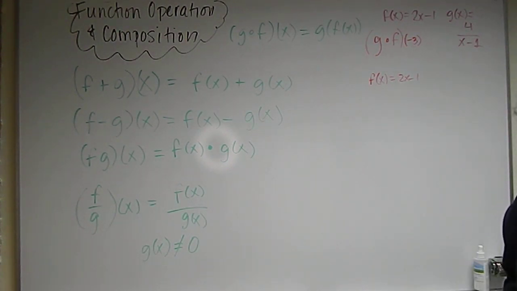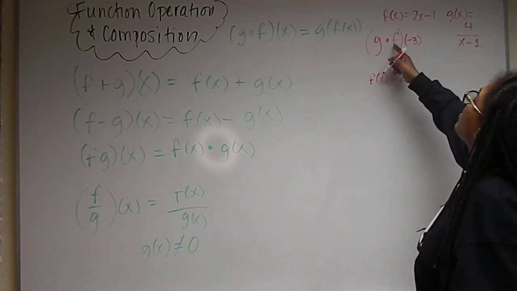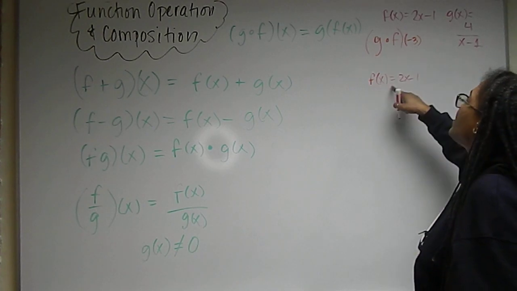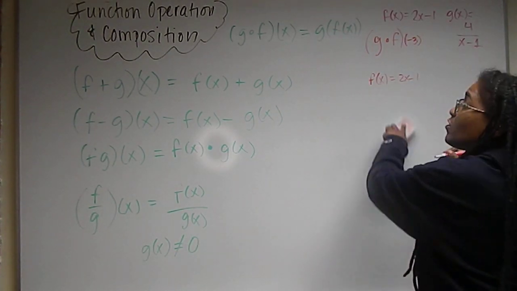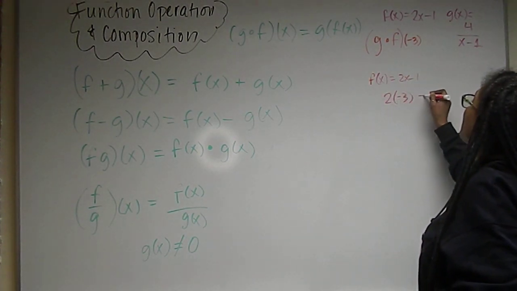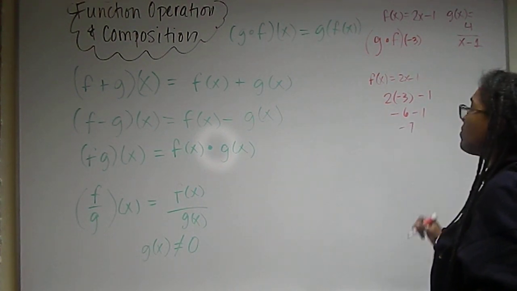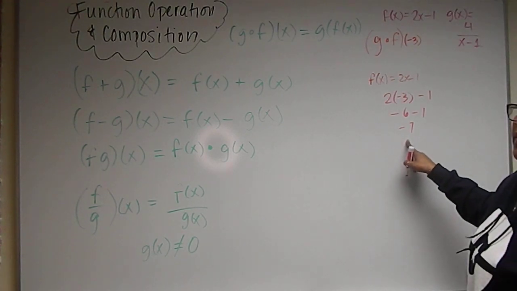No. Rules don't change, right? So since it's G of F of negative 3, I'm going to put negative 3 into my F, and this is F. So 2, I almost wrote 3. 2 times negative 3 minus 1, negative 6 minus 1 is negative 7. Yes? And now we got negative 7 this time.